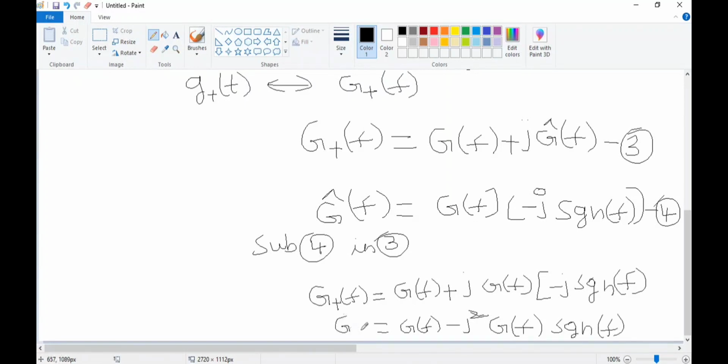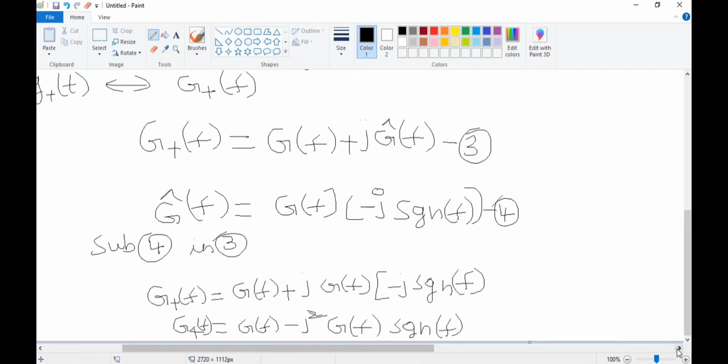Anybody have doubts until here? No, ma'am. Okay, so I'll go with the next step. Here, if you observe, j square is nothing but minus 1. Minus 1 into minus, it will be plus.